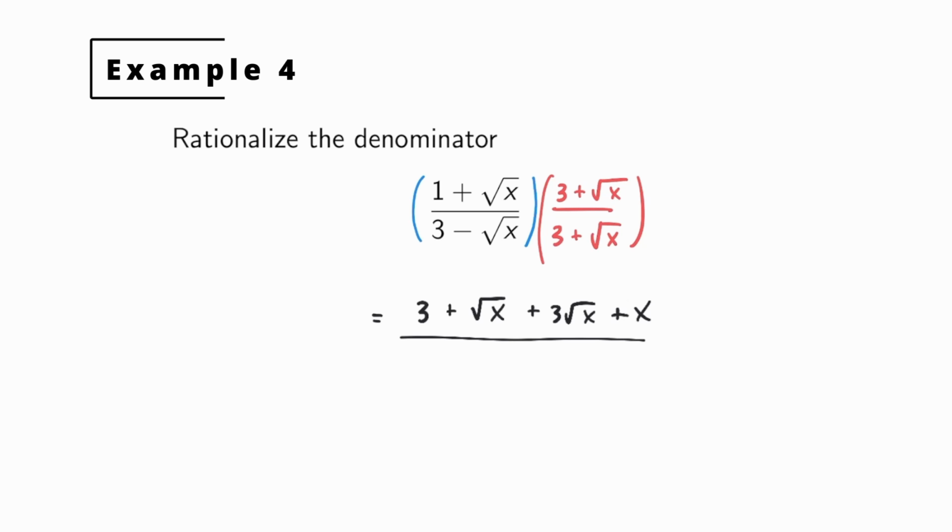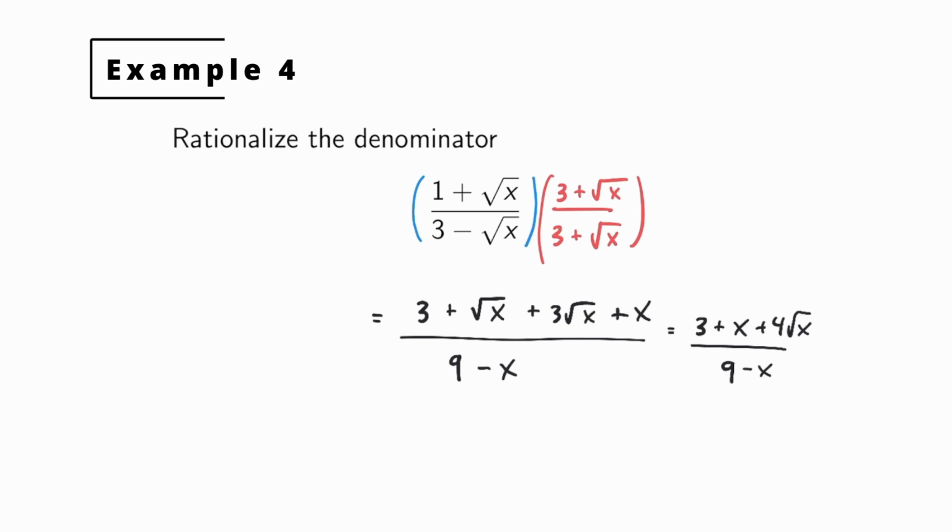In the denominator, since we have 3 minus root x times its conjugate, we'll just get the first term squared, 9, minus the second term squared. Now we simplify. In the numerator, we'll have 3 plus x plus 4 root x, and in the denominator, we have 9 minus x.